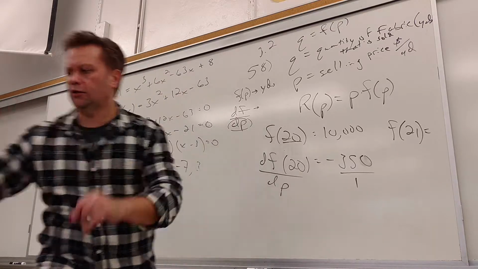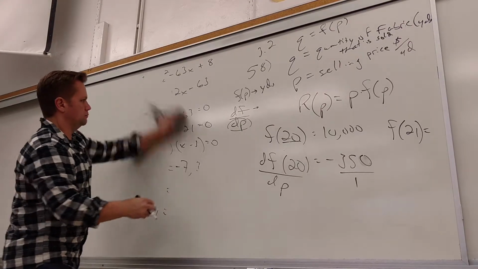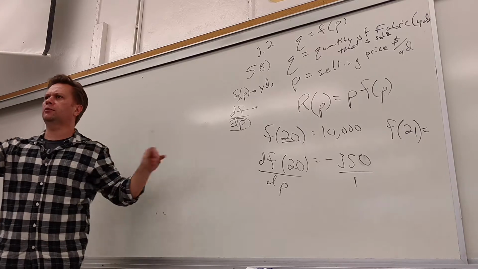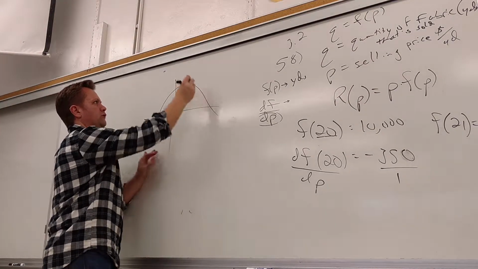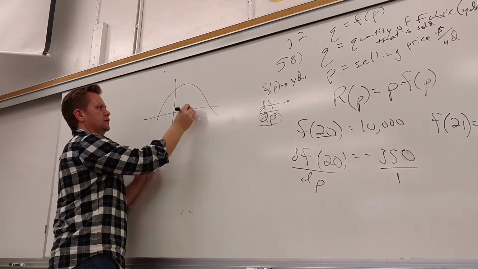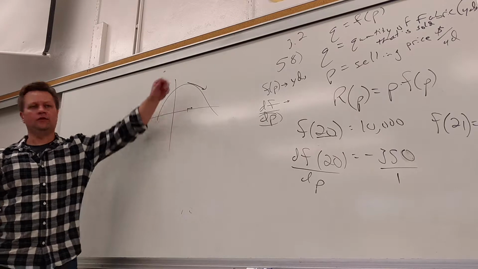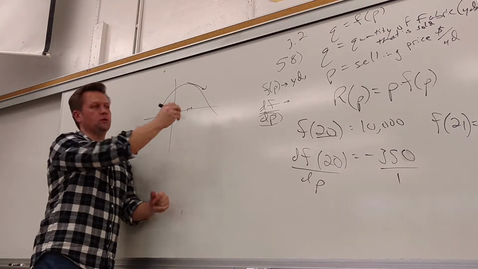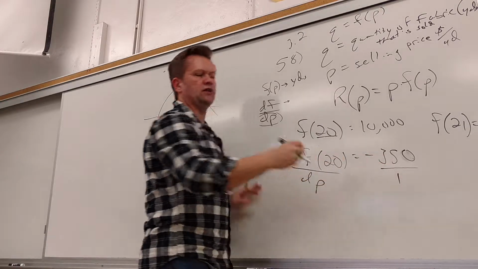In business you have things called marginal cost and so on. But what's important for us right now is that at 20, the derivative is negative, which means if I change my price by 1, I can estimate that I'm going to sell 350 less.